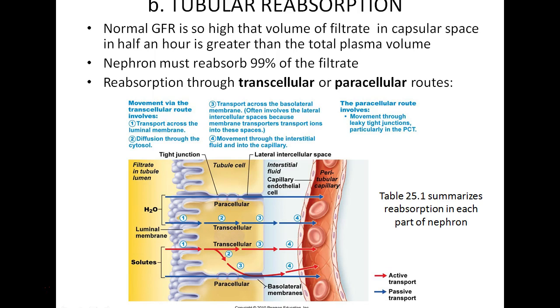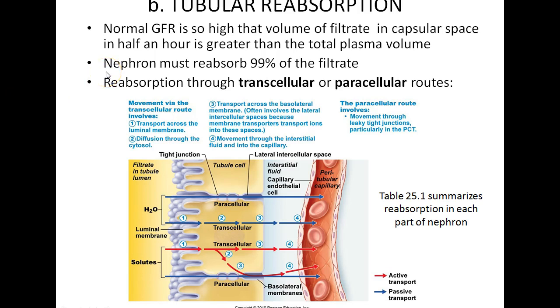Some of the substances that are subject to this reabsorption include things like sodium, potassium, bicarbonates, calcium, and water. Here, sodium is going to play an important pivotal role in the process of reabsorption.